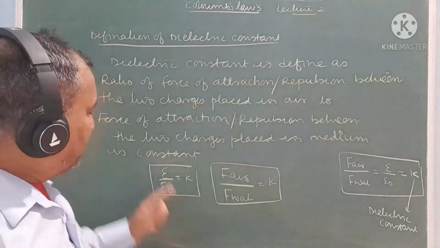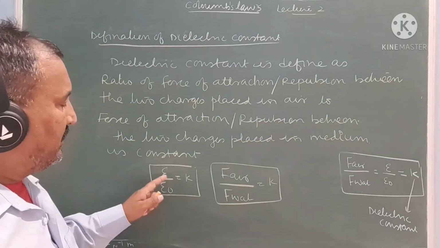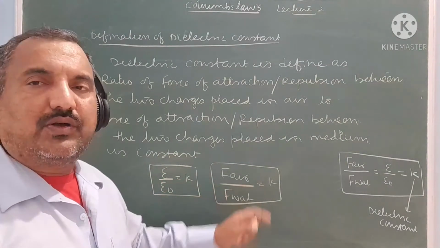Understood? So this is epsilon 0, this is a constant, and this is also a constant.